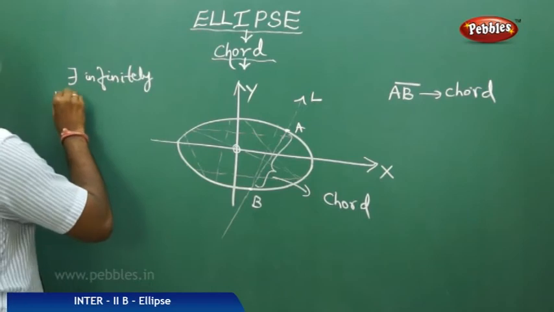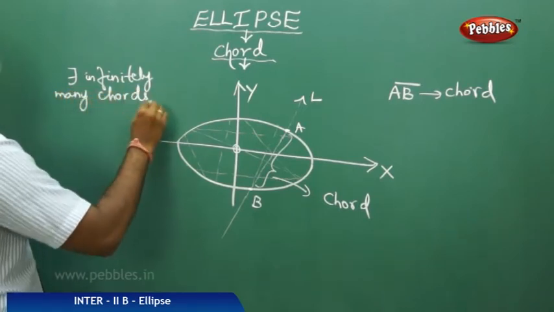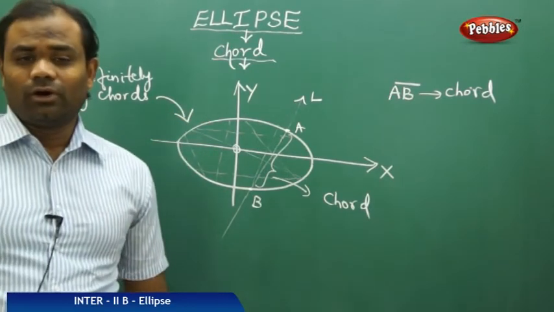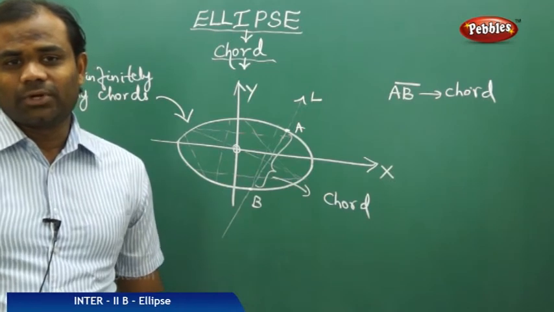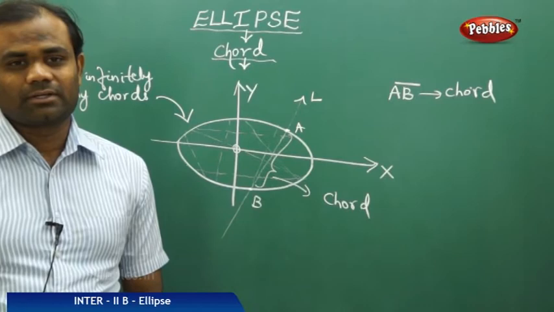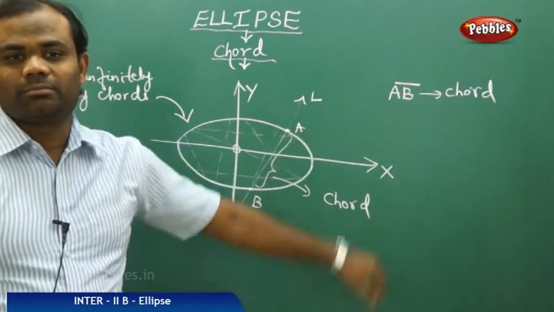Is how we conclude that the chord of the ellipse is the line joining any 2 points on the ellipse. The line segment here, AB, is the chord, for example.